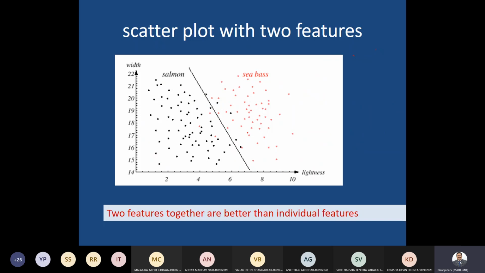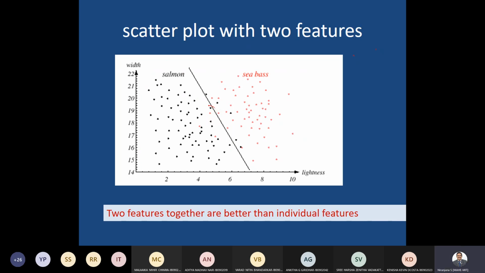When you do that, you find they are distributed in such a way that most of the class members are together. Maybe one or two you can still see here that actually belong to the other class. But when you group it, considering this is a region, the machine will say this is also salmon, this is also salmon. That leads to error.